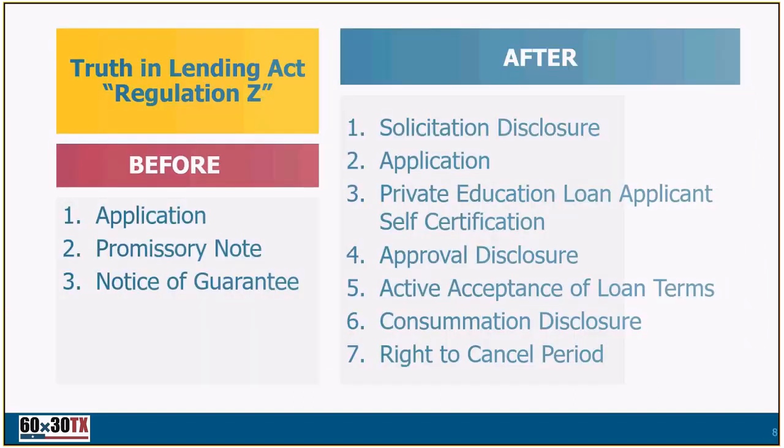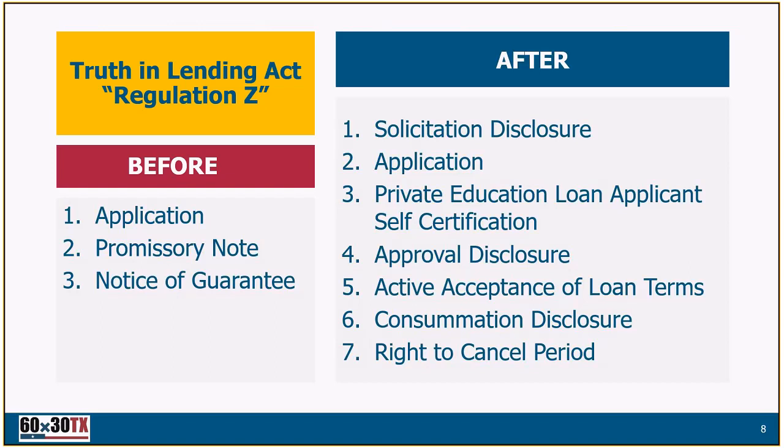So let's talk about the process flow for loans. Many of you may be familiar with something called the Truth in Lending Act. If you've been in financial aid a while, you are familiar. If you haven't, this may be something that has always been in your experience with lending.